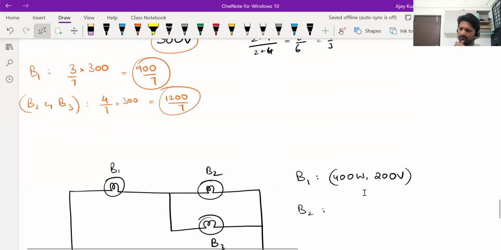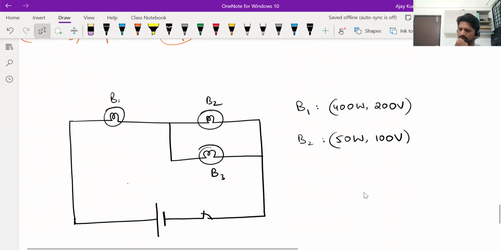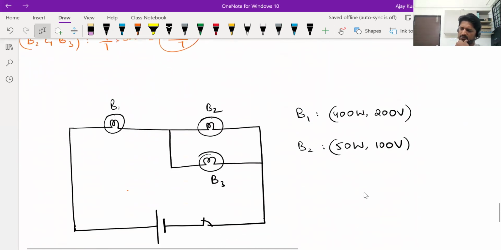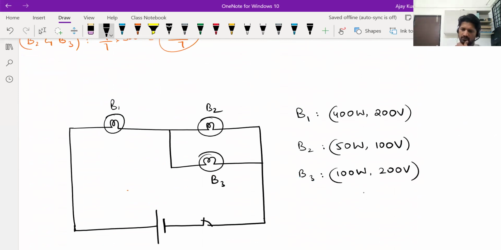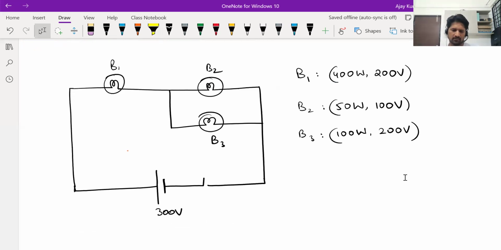B2, let's take the same as the previous question, 50, 100. B3 also let us take the same as the previous question. Let's see what happens. Okay, tell me what happens after the switch is closed. Same 300 volt is connected. Try.